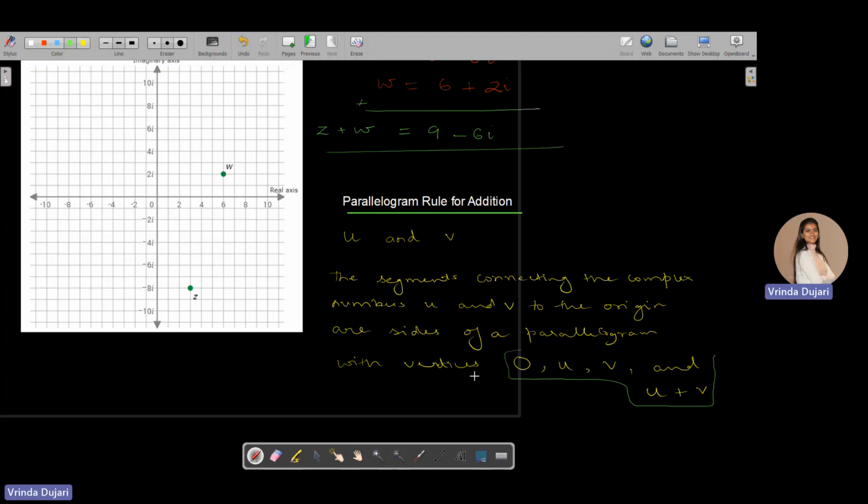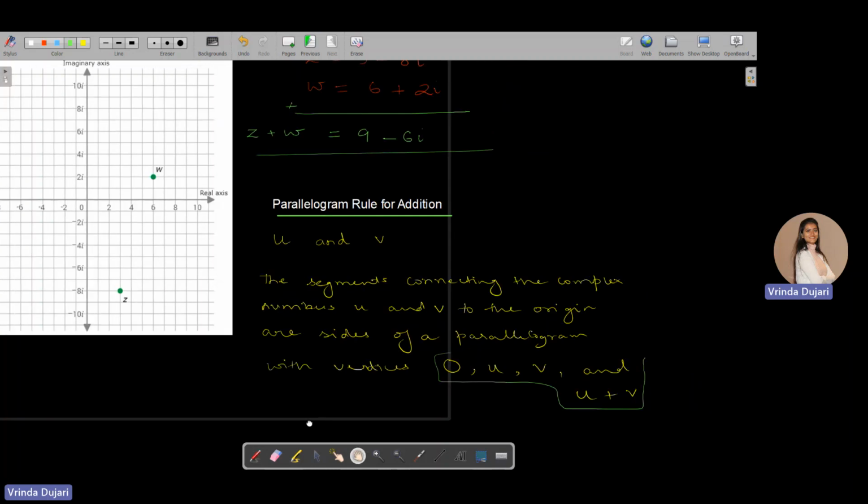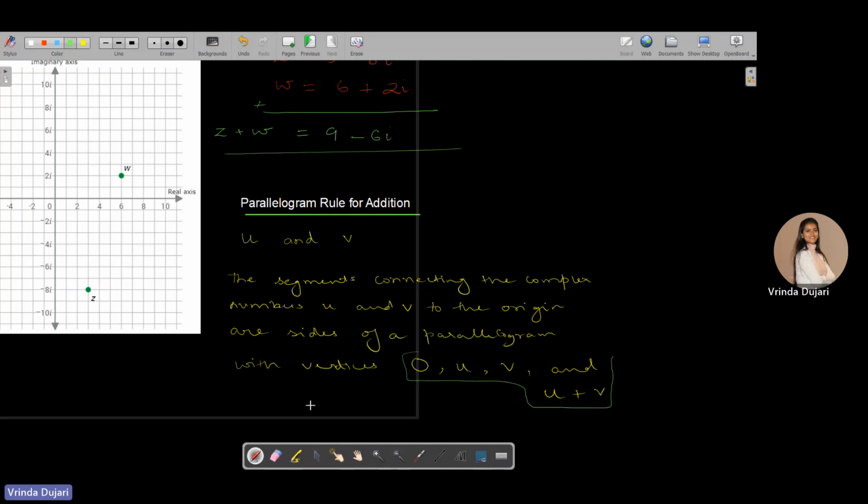See, if you have recalled by now, a parallelogram is a four-sided figure, right, which has two pairs of parallel lines. So let me just draw it. I'll try my best to draw a parallelogram. Right, so this is how a parallelogram looks.